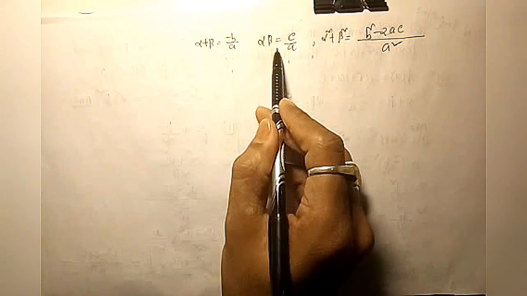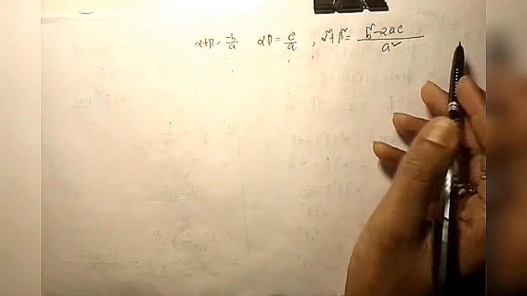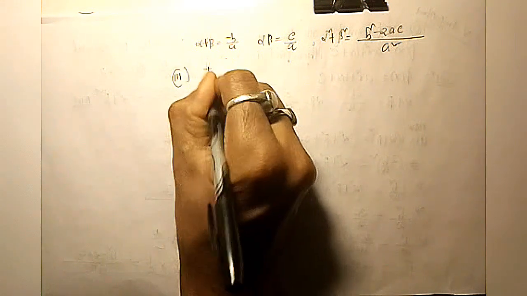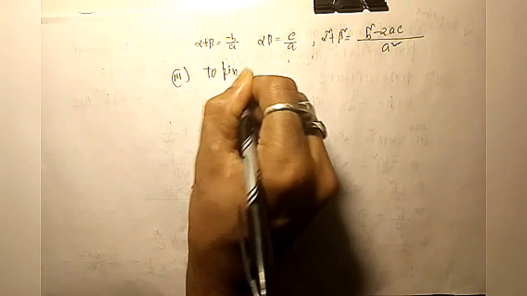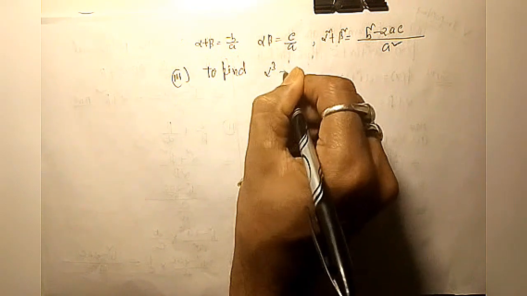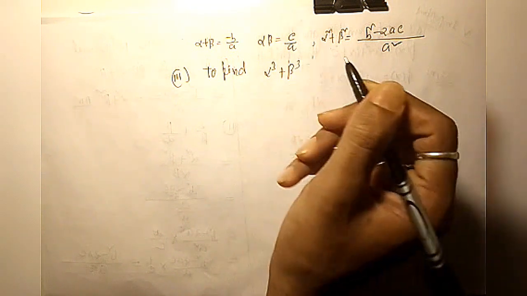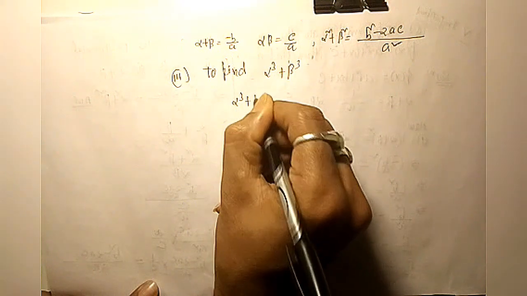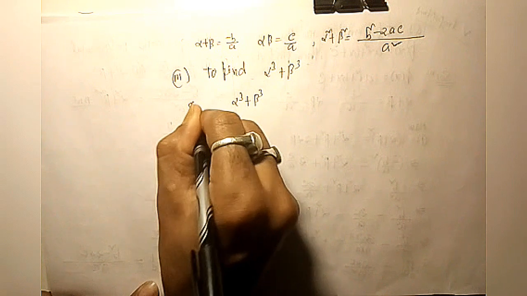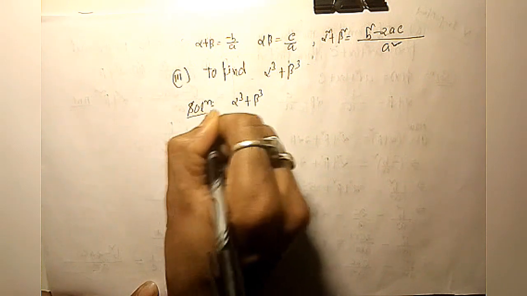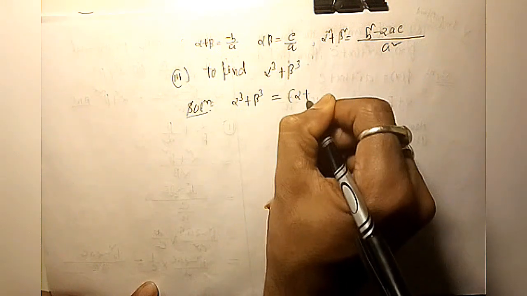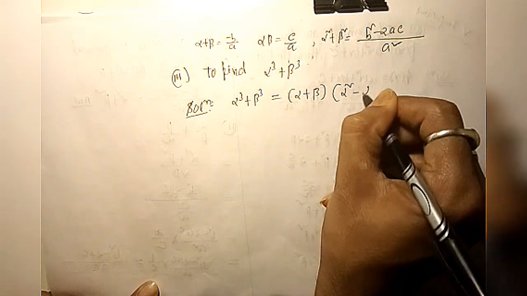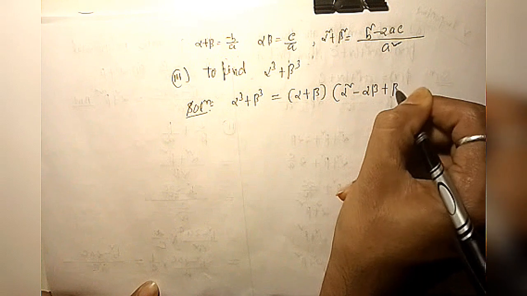So alpha plus beta equals minus b by a, alpha beta equals c by a, and alpha square plus beta square equals b square minus twice ac by a square. Now Roman number 3, to find alpha cube plus beta cube. Alpha cube plus beta cube equals alpha plus beta into alpha square minus alpha beta plus beta square.